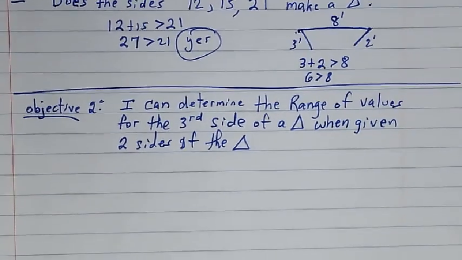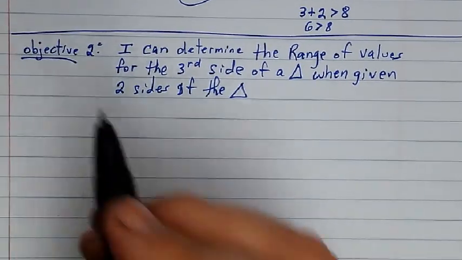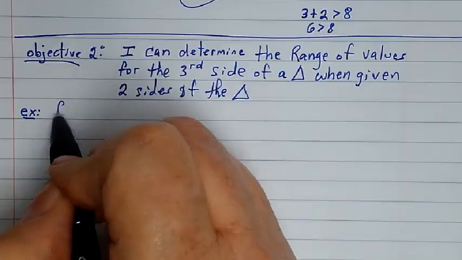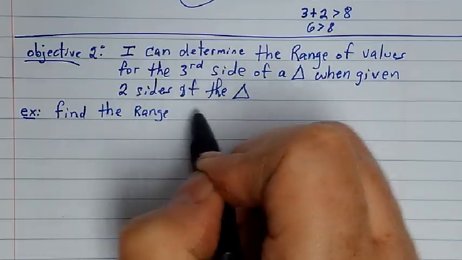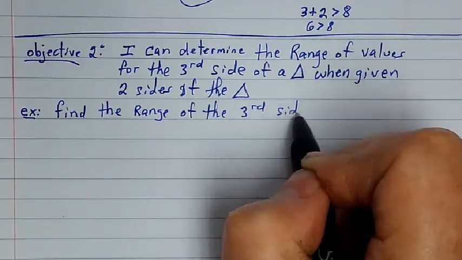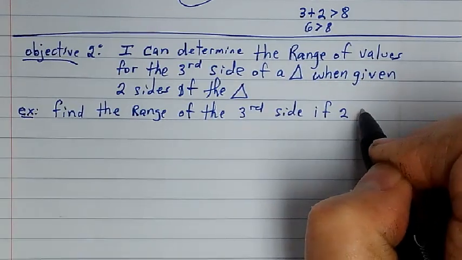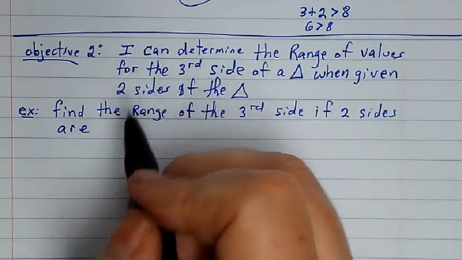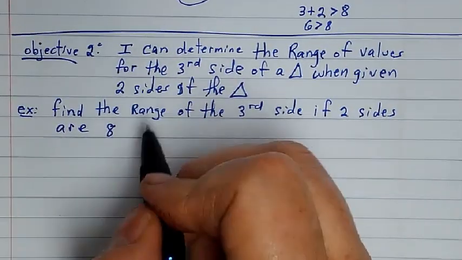I can determine the range of values for the third side of a triangle when given two sides of the triangle. Here's an example. Find the range of the third side if two sides are 8, say one side is 8, and say the other side, someone give me another number. 20.